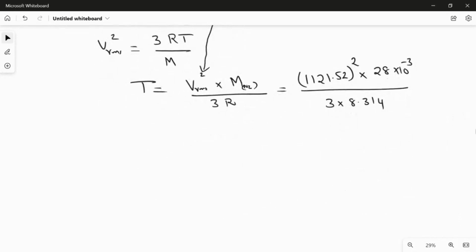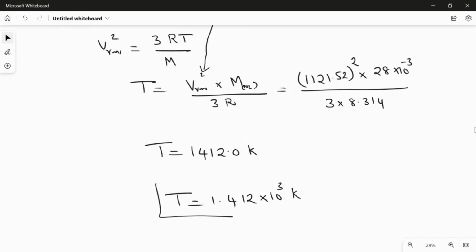Here I got the answer as 1412.0 Kelvin. We can write this in terms of power as 1.412 multiplied by 10 power 3 Kelvin. So this is the answer for the third part. That's it. Thank you.